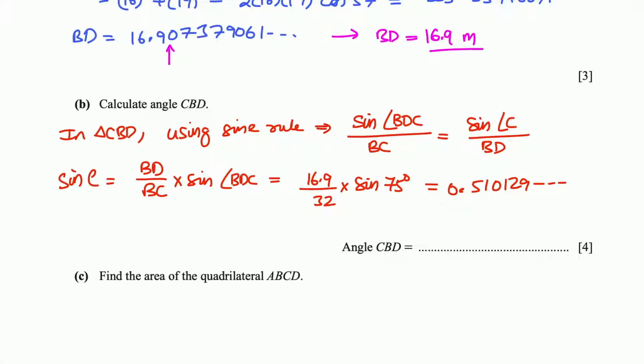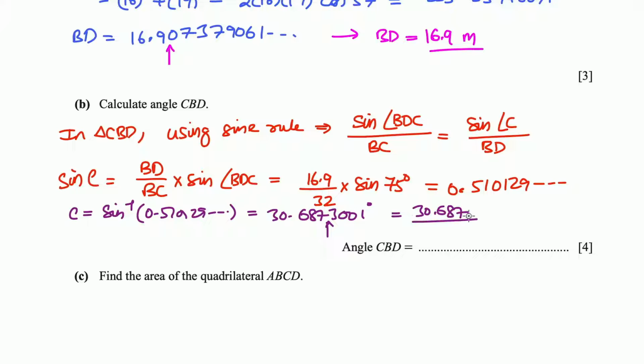Now we want the value of angle C. Angle C is equal to sine inverse 0.510129 and so on, which will turn out to be 30.687301 degrees. If I cut it to three decimal places, it is 30.687 degrees.